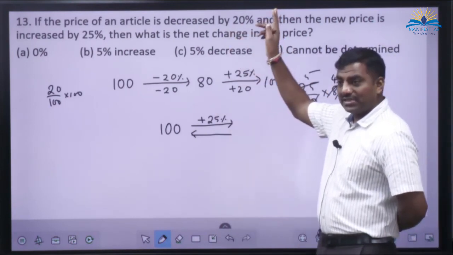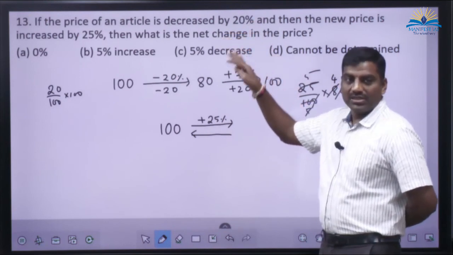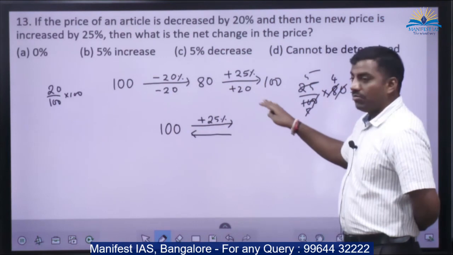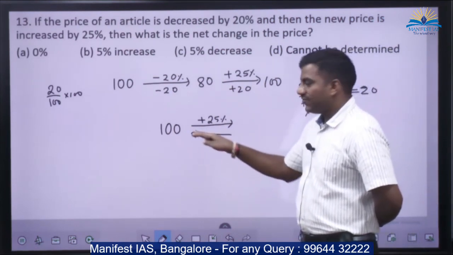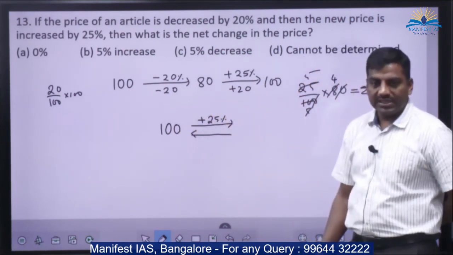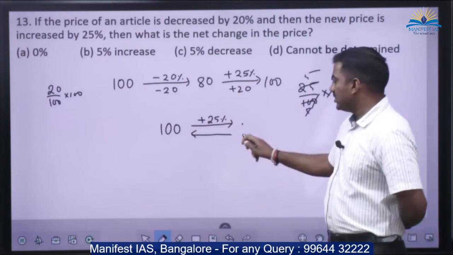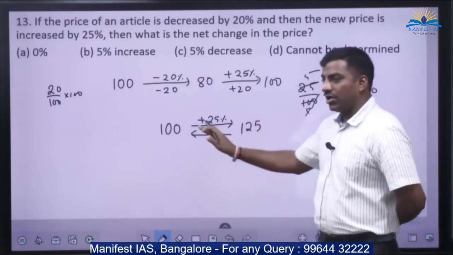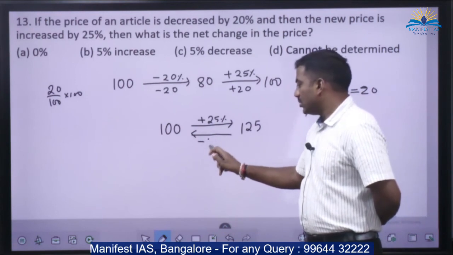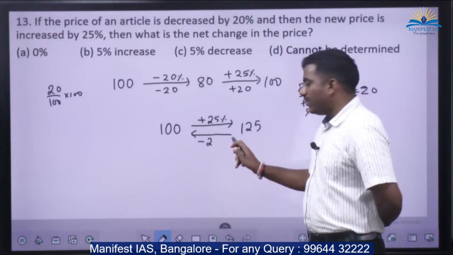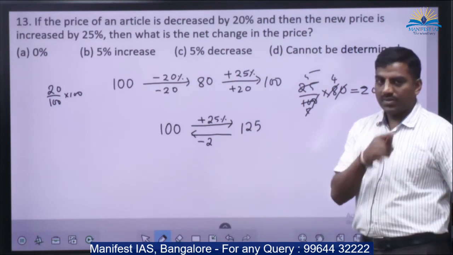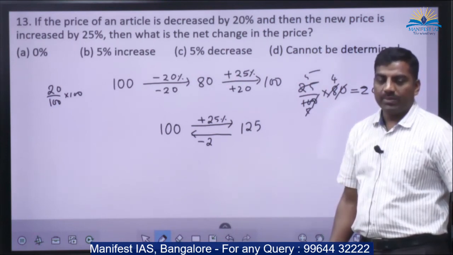We decreased and increased. Just like that, if from one price I want to make an increase and decrease, first I am increasing by 25%, then it will be how much? If I want to bring it back to 100, I should reduce it by how many percentages?